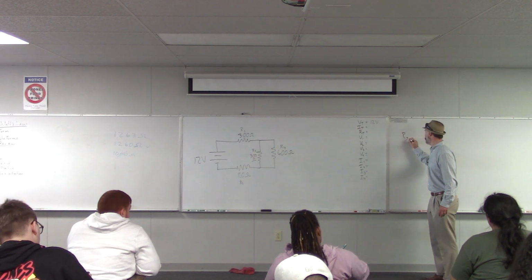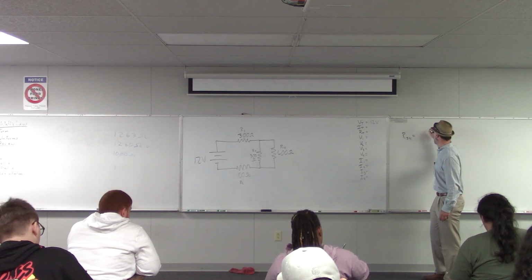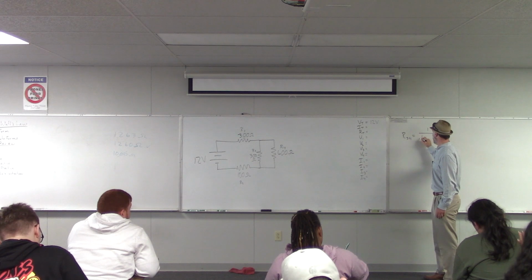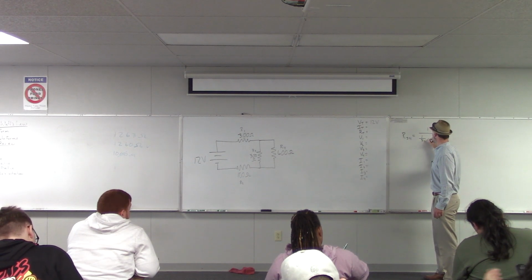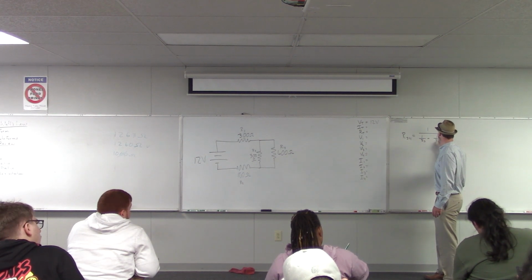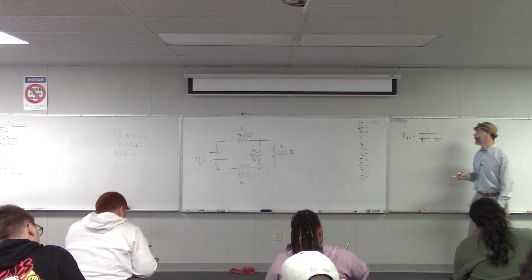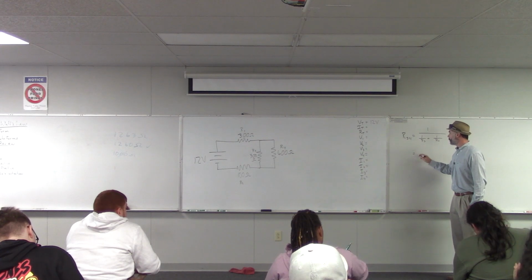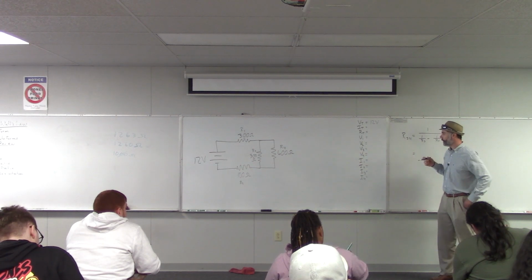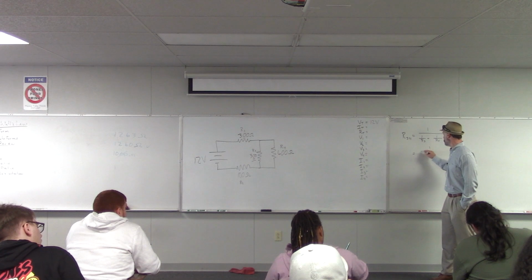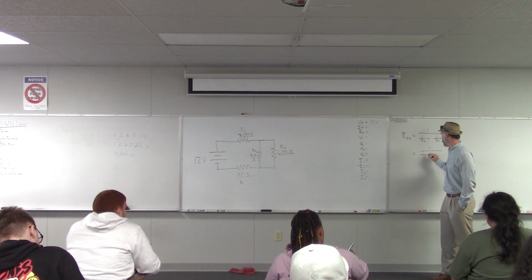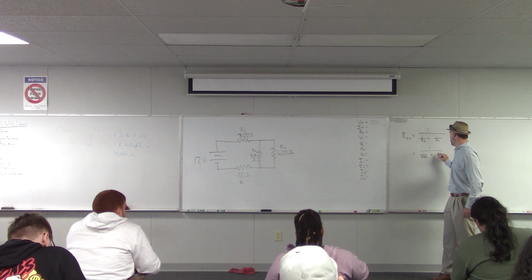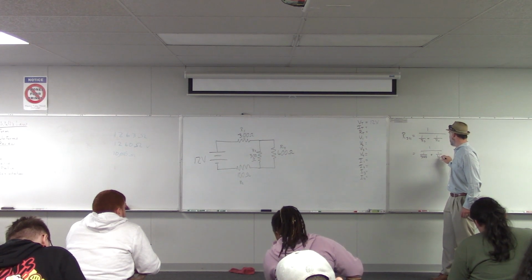R34 equals 1 over 1 over R3 plus 1 over R4. So that is 1 over 300, and then 1 over 600.